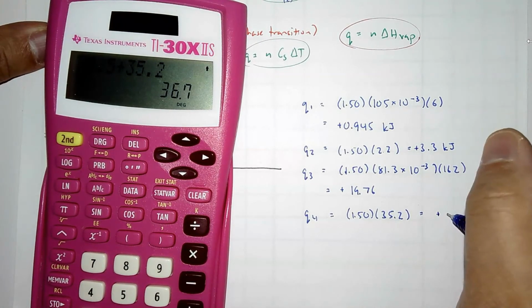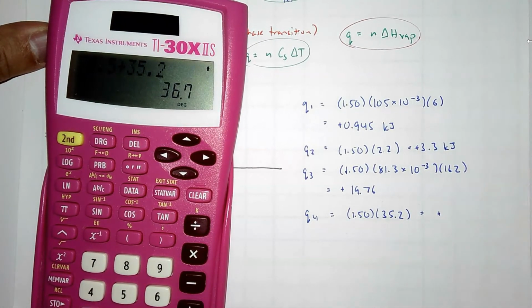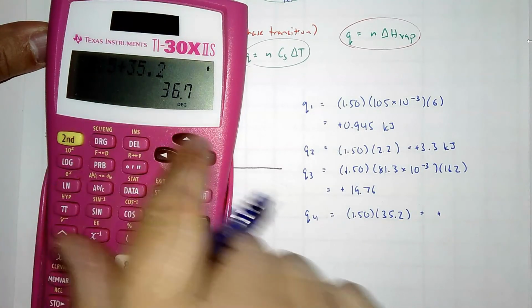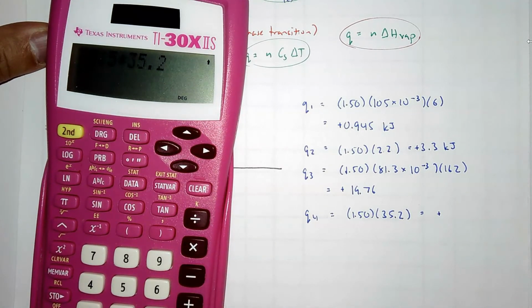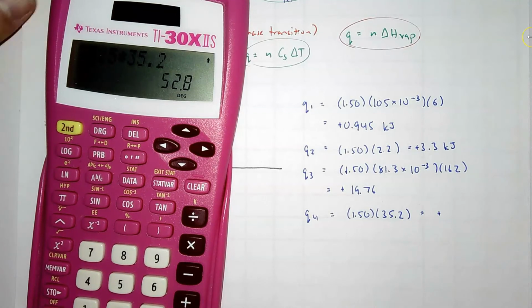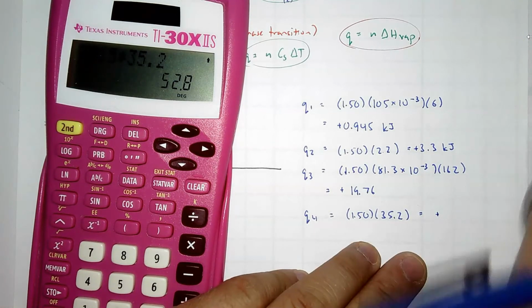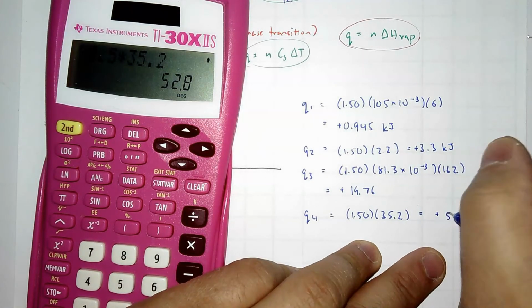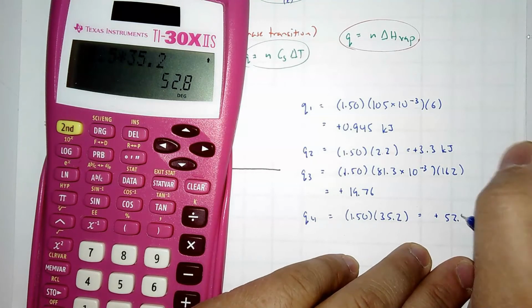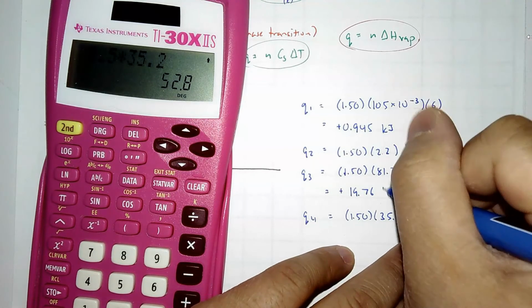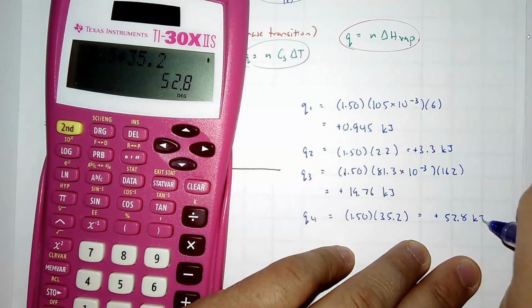Is that right? Oh, I knew that was wrong. I put plus. It's multiplied. 52.8. I needed 1.5 of 35.2. Again, kilojoules for all of these Qs.